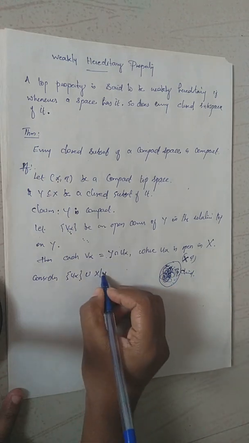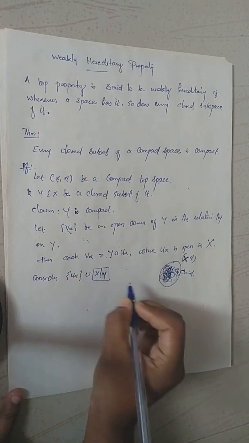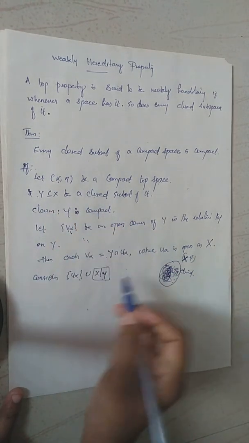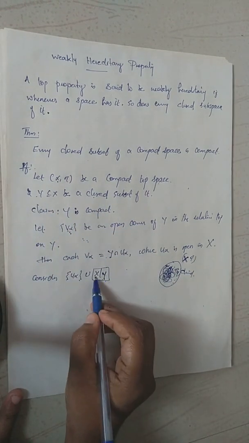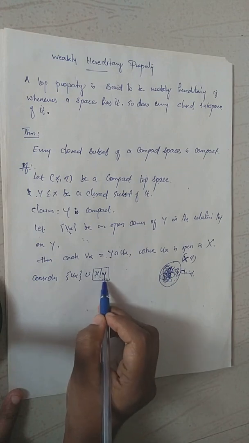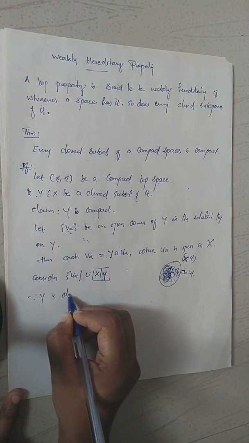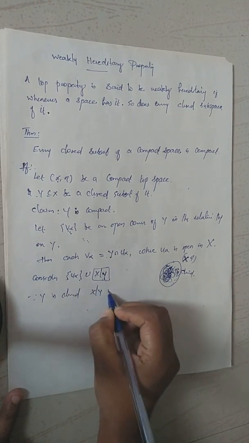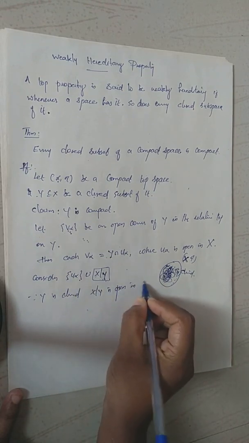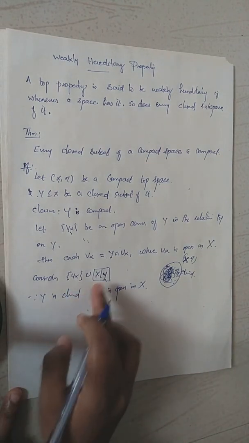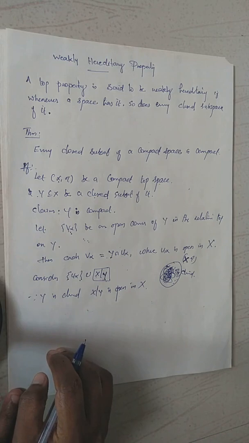Okay, what about the set X minus Y? Is it open or closed? We have assumed that Y is closed. Since Y is closed, its complement X minus Y is open in X. Every U alpha is open, and X minus Y is another open set.